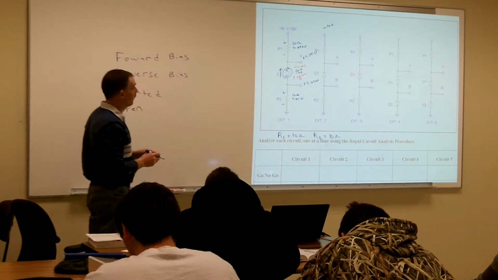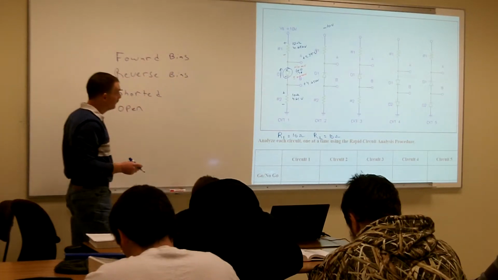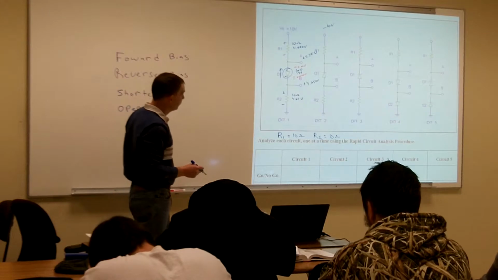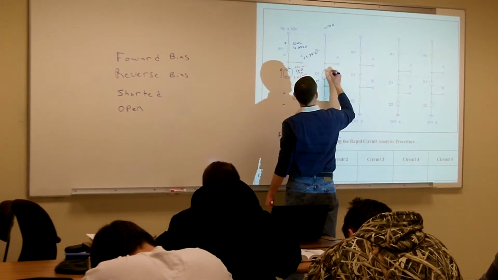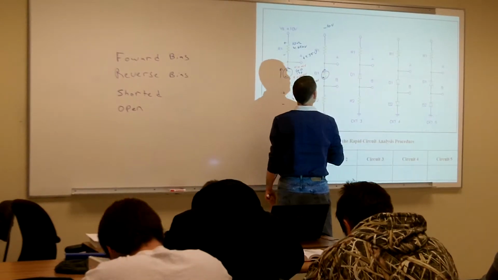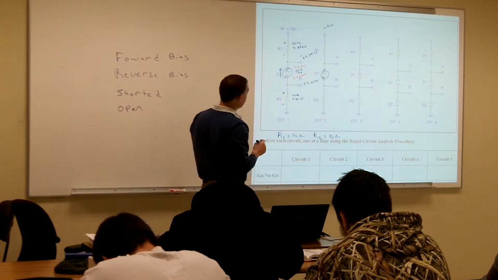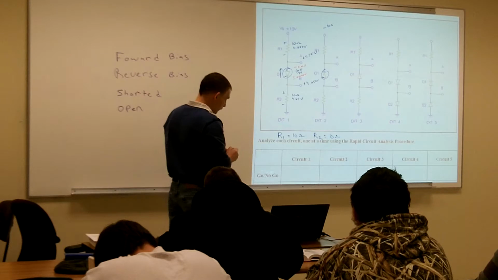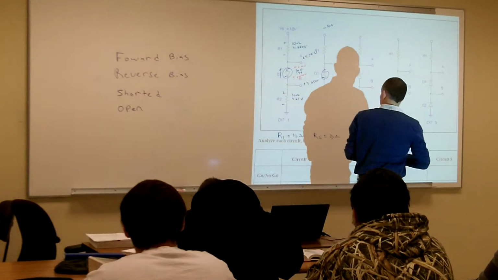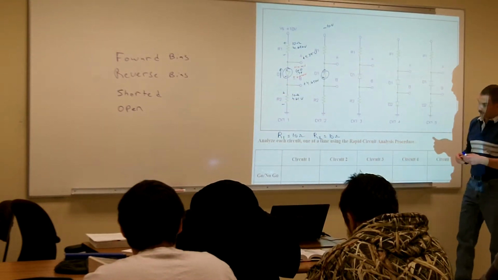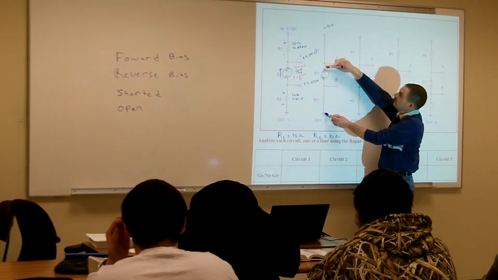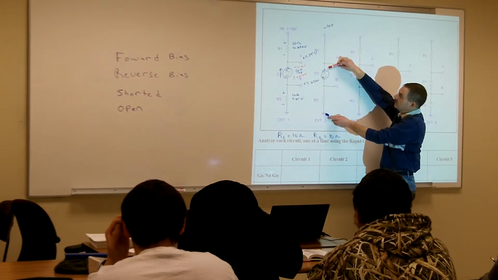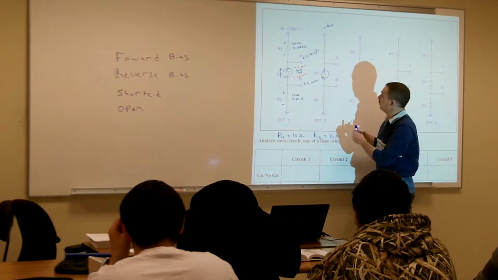All right, what's my first step? Circle that component, put the polarities in there, and treat that diode as an open. Then we bring down our soft voltages. So what's my soft voltage going to be on my cathode side? Negative 10 volts.